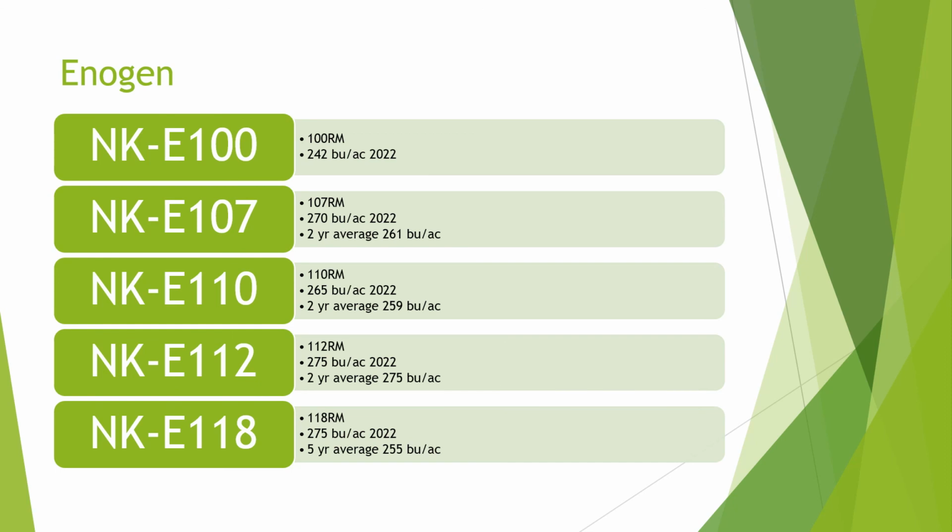And then the 107, 110, and 112 we've had out the last 2 years with very good performance in the farm and field. E118 has been around for 5 years, and unfortunately this will be the last year for that hybrid. And at this time, we don't have any replacement product for that maturity group.